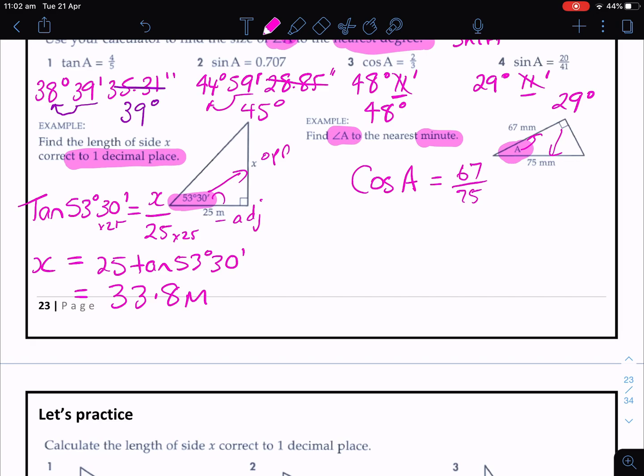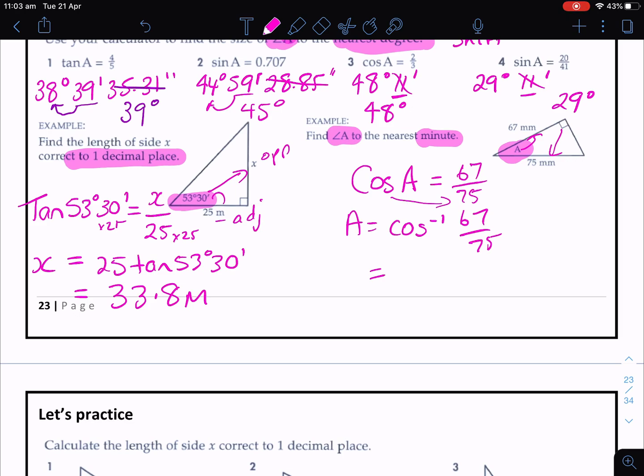Okay, we're going to be finding an angle. So this is where we need to use our inverse to move the cos over. So A is going to equal the inverse of cos, so shift cos, 67 over 75. So we put that into our calculator, so shift cos, 67 fraction 75 equals, and then it tells us it wants it to the nearest minute.